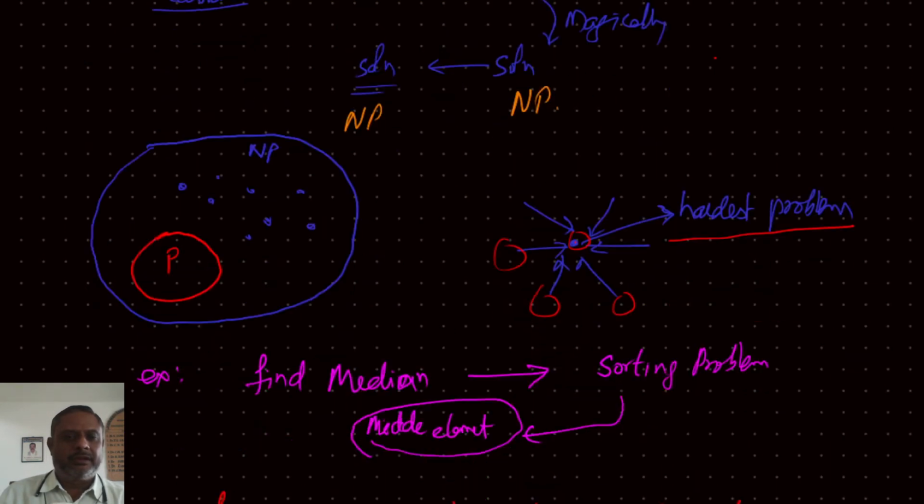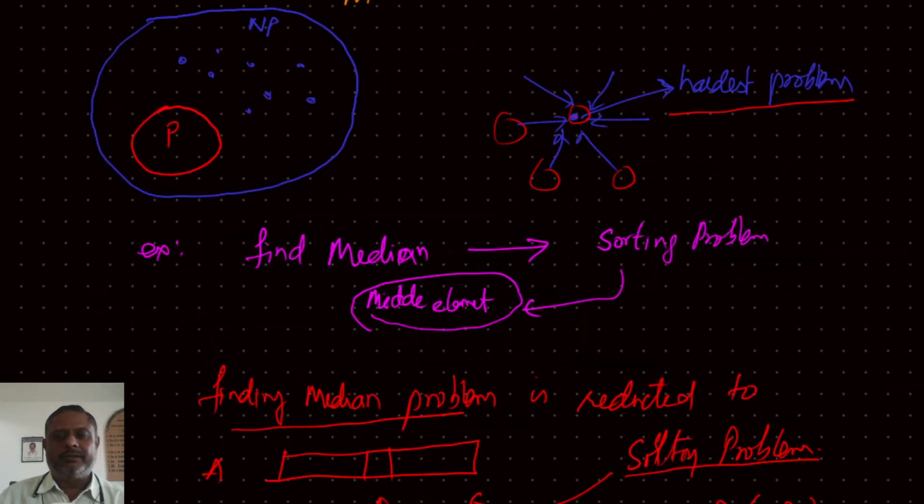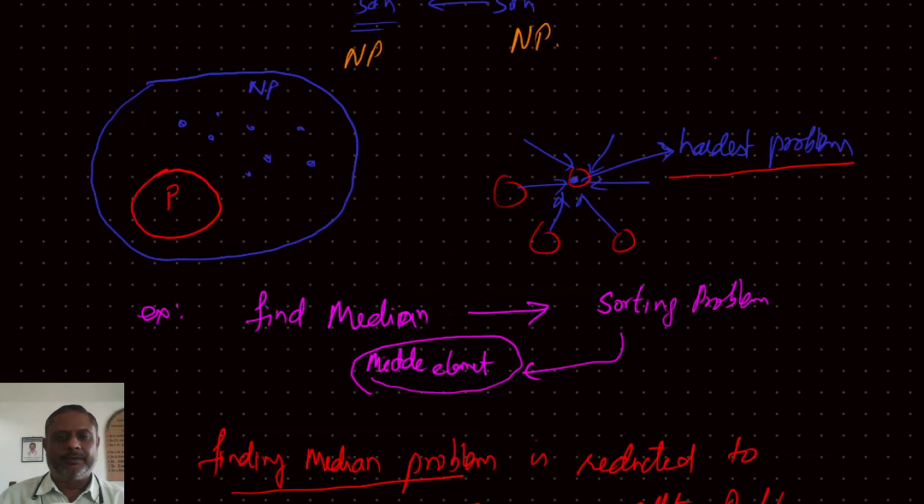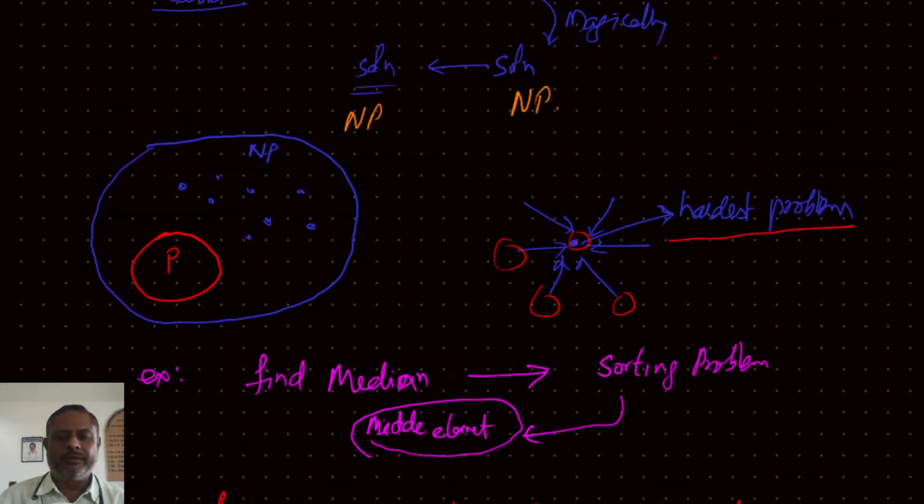So what we are trying to say now is, try to find the hardest problem. We have all the problems in NP. You just try to find whether they can be reduced to any one single problem. So there are two options.